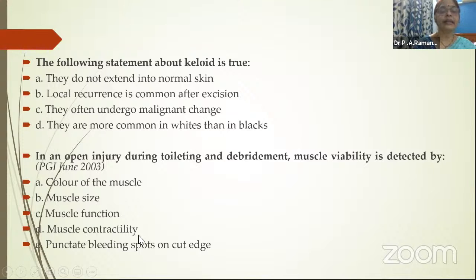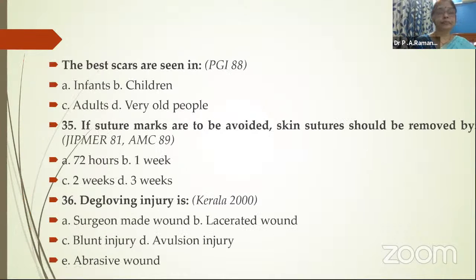Muscle contractility, yes. You ask the patient to move, the muscle will contract. Bleeding on cut edge: if you cut, bleeding spots can be there. So I feel color of the muscle, contractility, and bleeding on cutting, these three are indications. A and D are answers for the PGI bit.